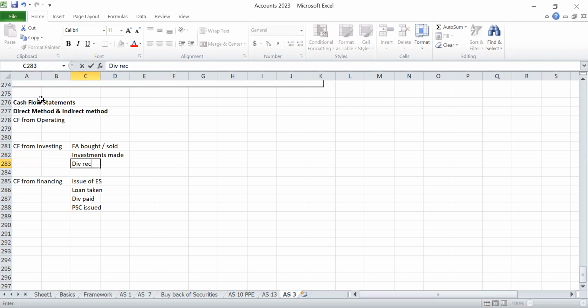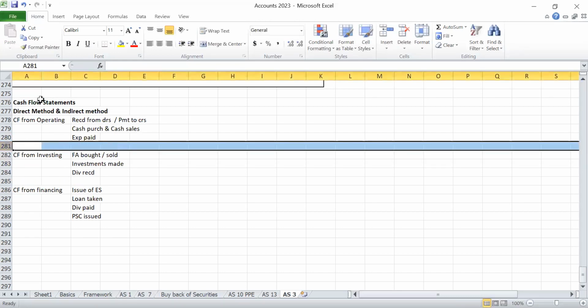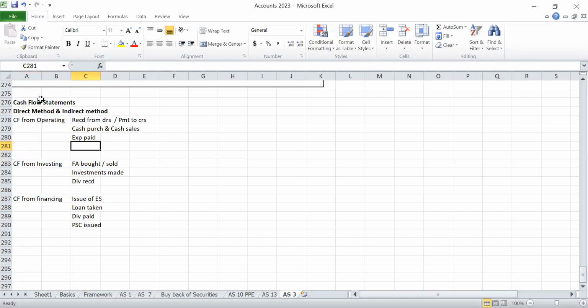So operating activity will be daily activities like amount received from debtors, amount paid to creditors, cash purchases, cash sales, salary paid, overheads paid, and so on and so forth.